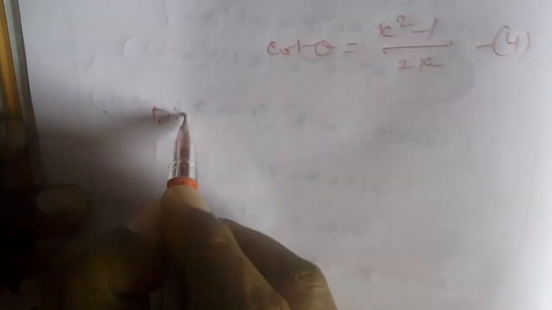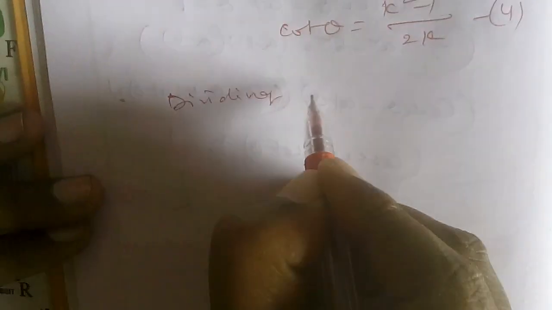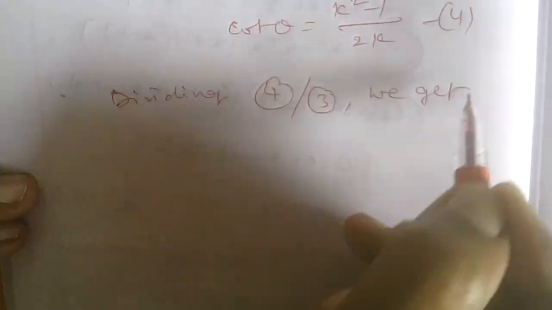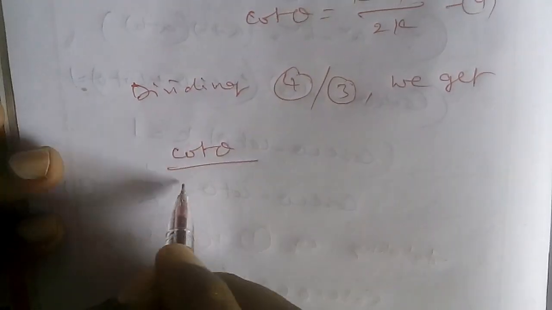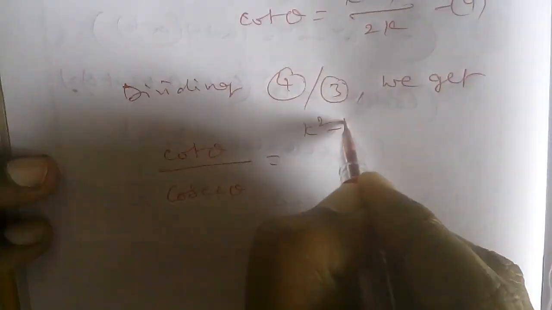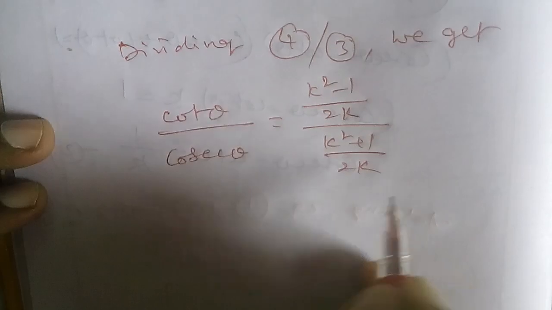Now dividing 4 by 3, we get cot theta by cosec theta is equal to (k square minus 1 by 2k) by (k square plus 1 by 2k). Here the denominator 2k gets cancelled.